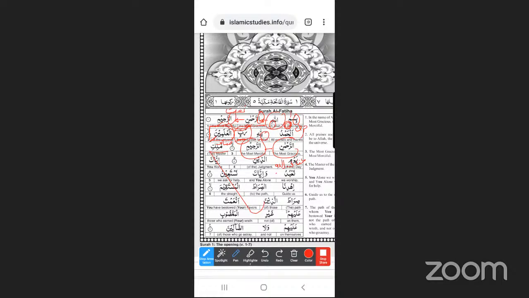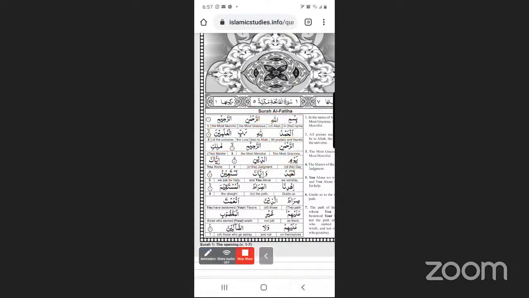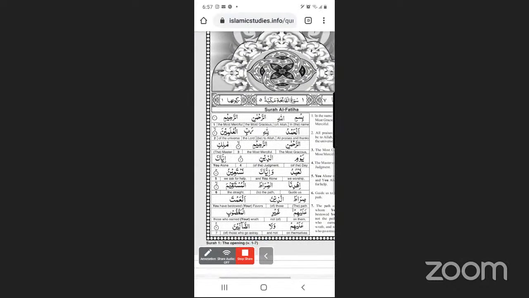Okay, so again, Iyaka. Ka is an attached pronoun for you. Iyaka, you alone. Na'budu, we worship. The na over here is an attached pronoun for we. Na'budu, that's why it's we worship.